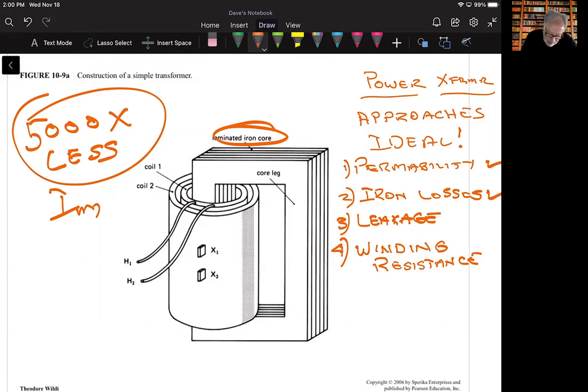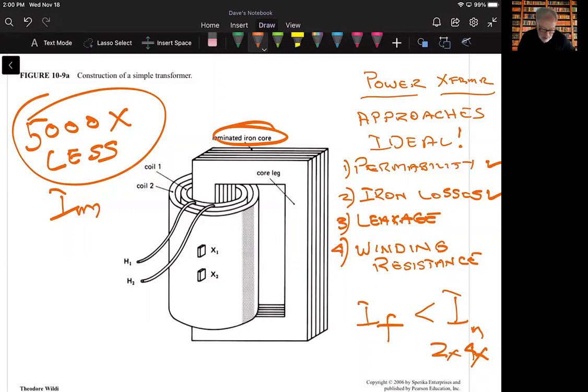Consequently, he says the current I sub F needed to supply the iron losses is 2 to 4 times smaller than I sub M.